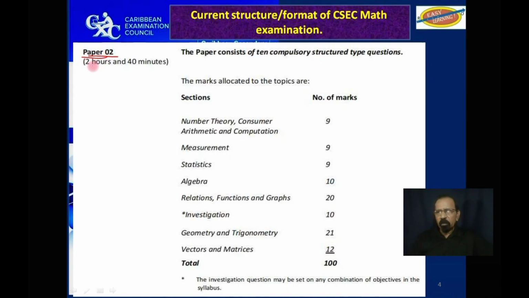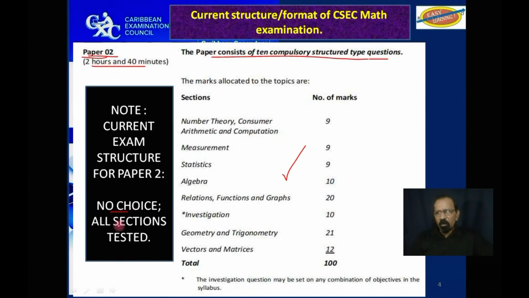For paper 2, 2 hours 40 minutes, this paper consists of 10 compulsory structure type questions from all sections of the syllabus. There is no choice. All sections will be tested. I had previously mentioned that there was a choice, but that was for the previous syllabus. As of this syllabus here, there is no choice.